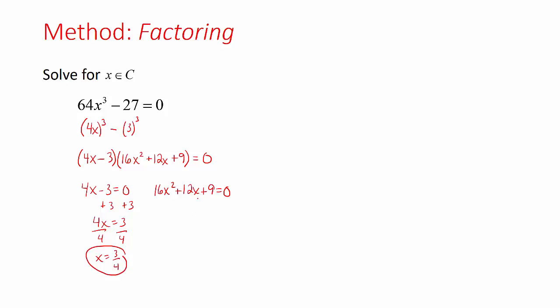And over here, this quadratic is never going to be factorable, so I'm going to have to use the quadratic formula in order to find the non-real solutions. So I've plugged into the quadratic formula, and I just need to simplify this.